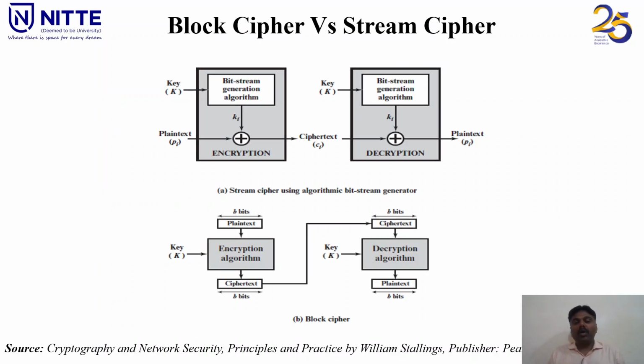Here is the block diagram. We can understand how block ciphers are generated and how the stream cipher works. In the stream cipher, there is a bit stream generation algorithm. The message is processed in the form of bits continuously.